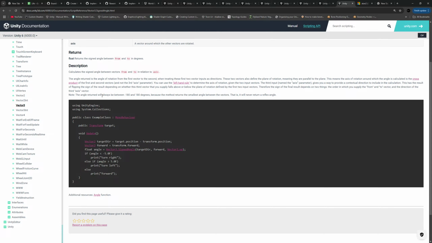This means the axis of rotation around which the angle is calculated is the cross product of the first and second vectors.